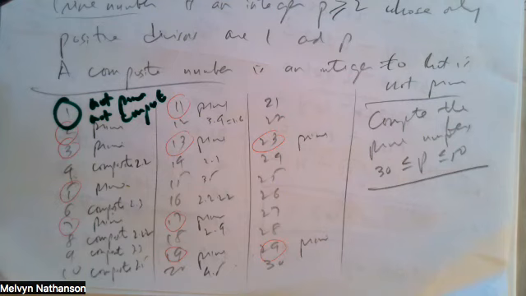Nine's not prime because it's divisible by 3. The number is prime if it's only divisible by itself and 1, but 9 is divisible by 3, so it's composite. Okay.